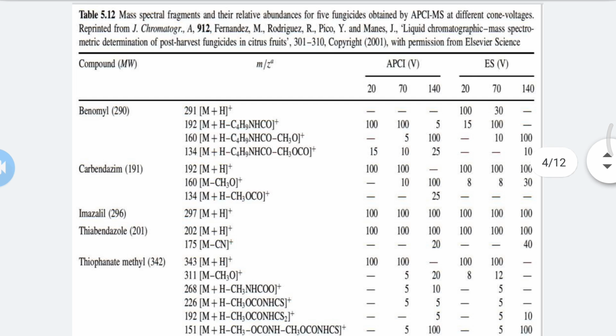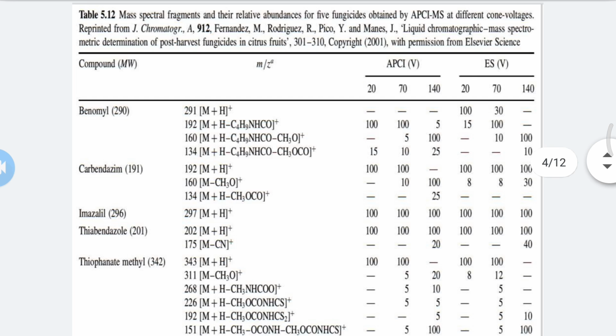Okay, in the case of atmospheric pressure chemical ionization, a cone voltage of 70 volts gives the best sensitivity for all analytes.